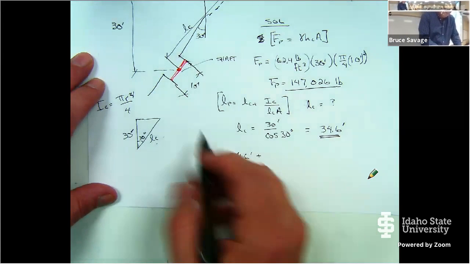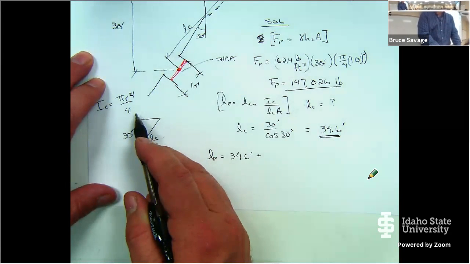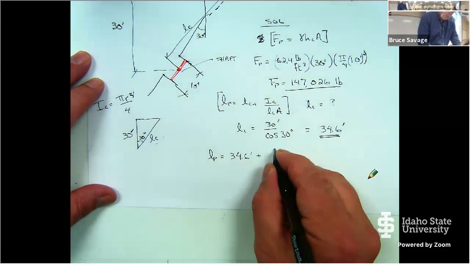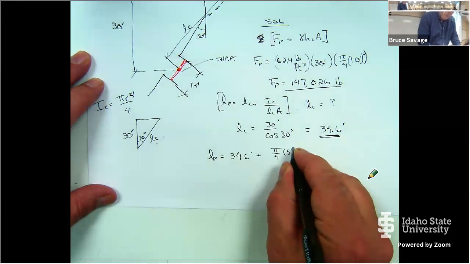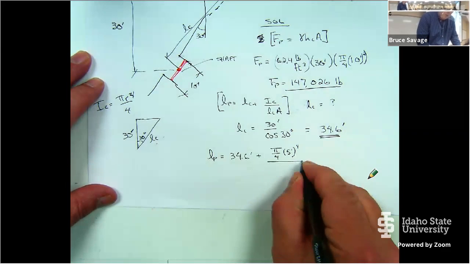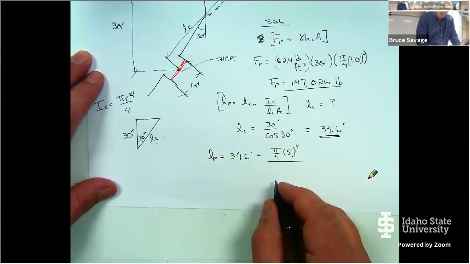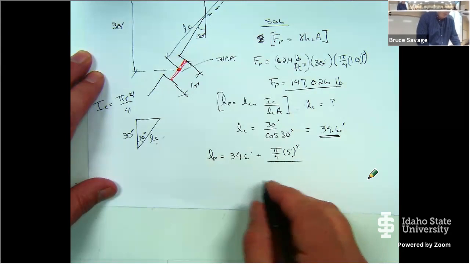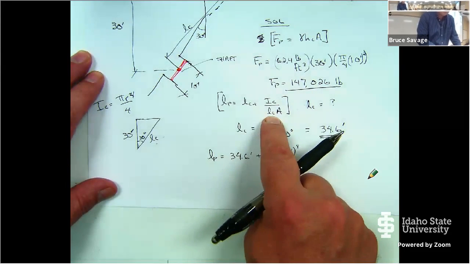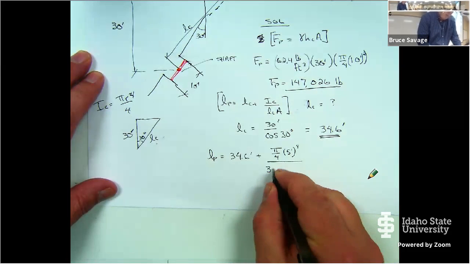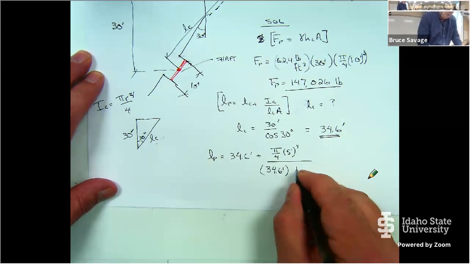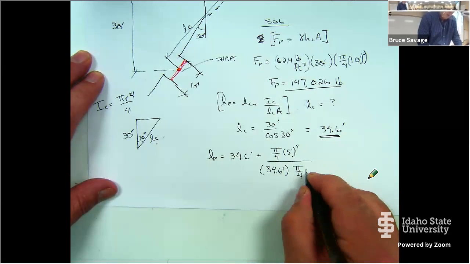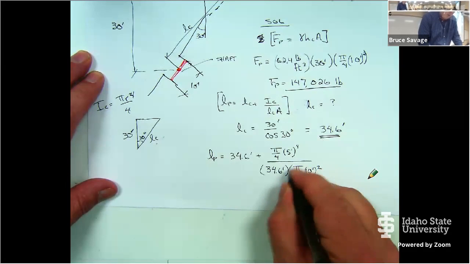Okay, so here's one of those times when I have to convert diameter back to radius. So this is going to be pi divided by 4 times 5 feet raised to the 4th, divided by the distance to the centroid, 34.6 feet, times then the area, which is pi divided by 4 times 10 feet squared.